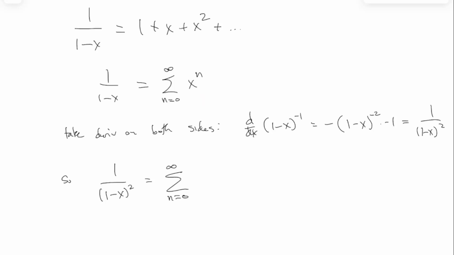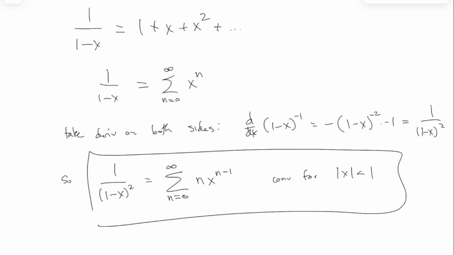Yeah? N times x to the n minus 1. Yeah, right. N times x to the n minus 1. And this is a true power series fact. And this converges because the derivative has the same interval of convergence, so this one also converges for absolute value of x being less than 1. All right?